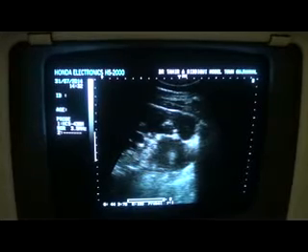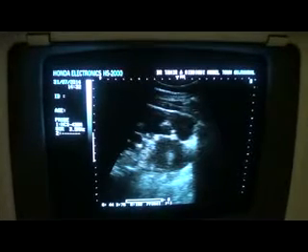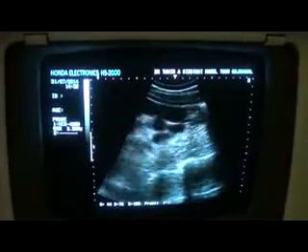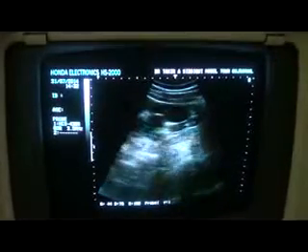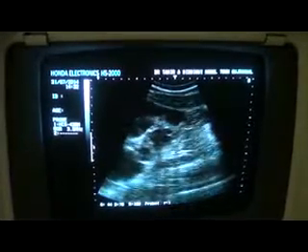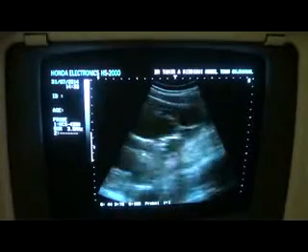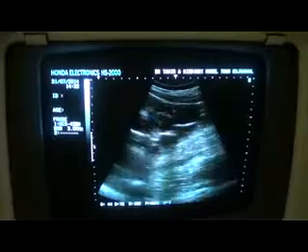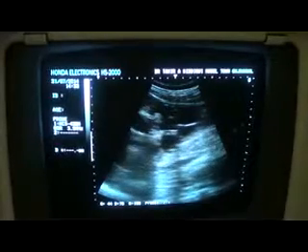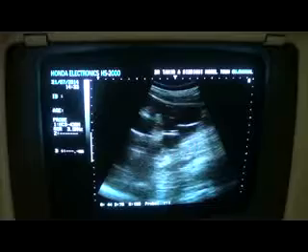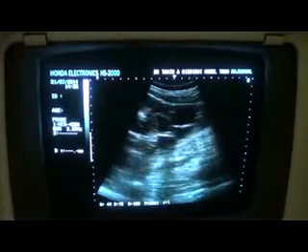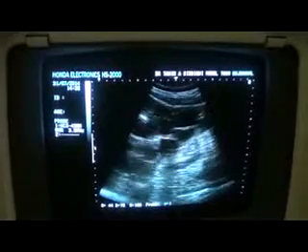Also, I am asking the patient to turn towards the left lateral decubitus posture. Okay, now if you see the iliopsoas muscle, this one, on the right side, you can see the kidney gliding over this iliopsoas muscle.